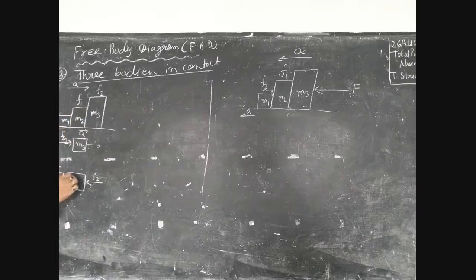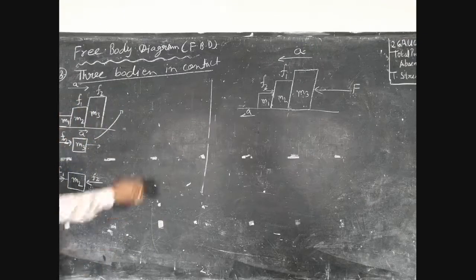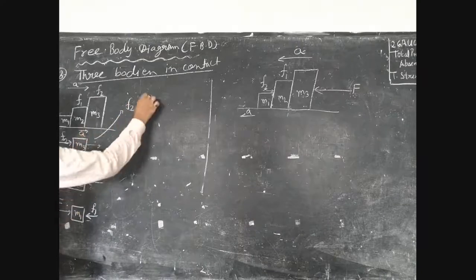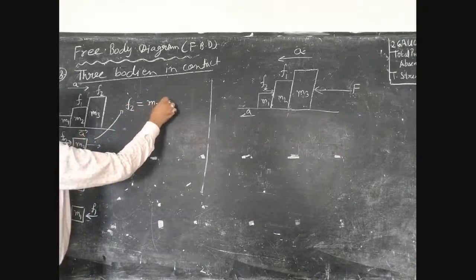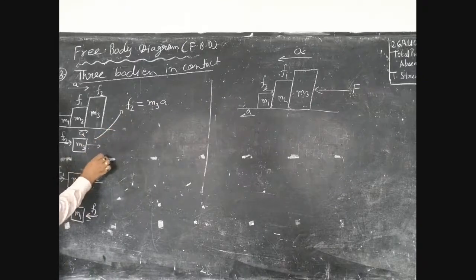F1. This is your M2. And the last body is M1. Applied force F and opposing with F1. Now make the situation. What will its situation be? This F2 is equal to mass and acceleration gained, m3a. Clear? Now the situation is here.